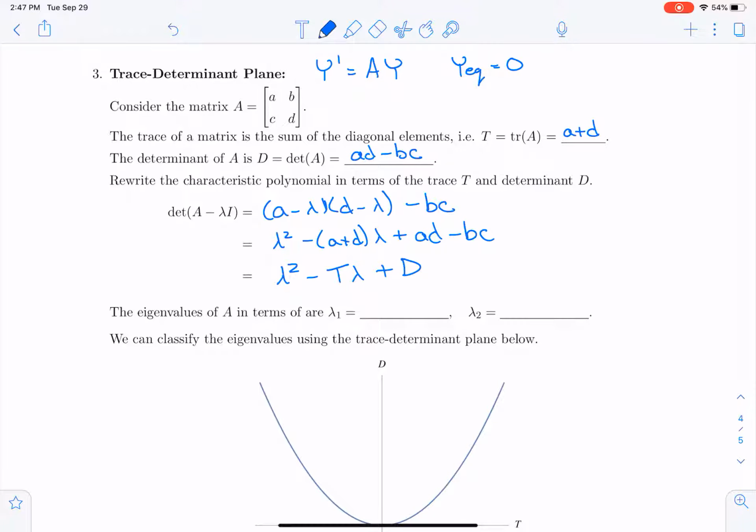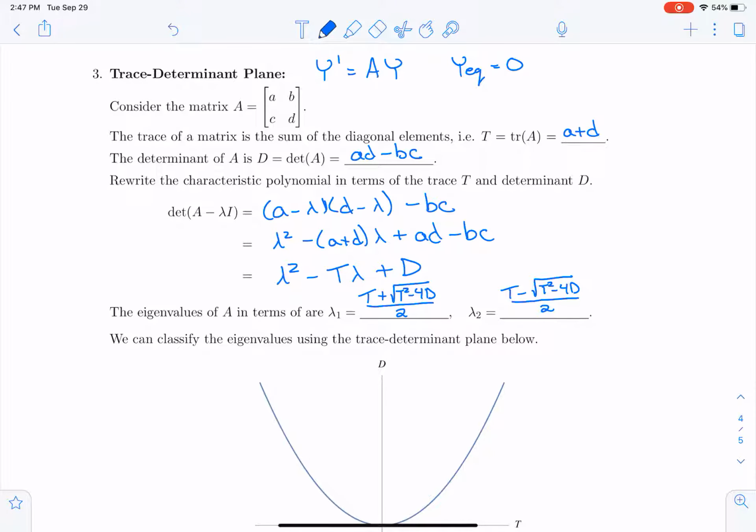And so the eigenvalues of our matrix can be written in terms of the trace and the determinant. Using the quadratic formula, they are T plus the square root of T squared minus 4D, divided by 2, or T minus the square root of T squared minus 4D, divided by 2.